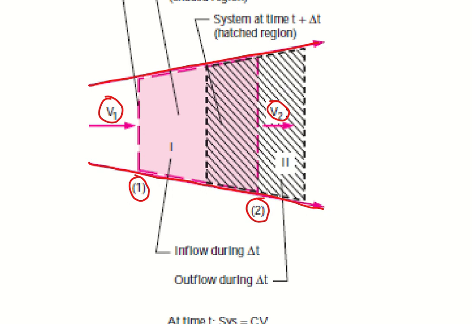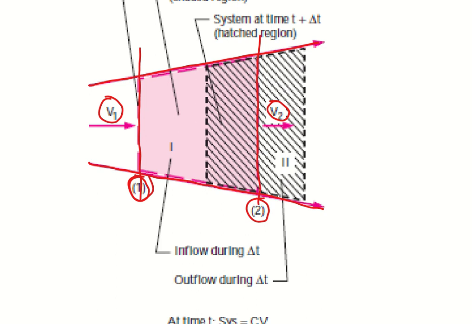And at time t, whatever mass is enclosed here, it means that the system property and control volume property at time t are the same, which is shown with the help of this shaded region, right? This shaded portion is enclosed between this line and this line.